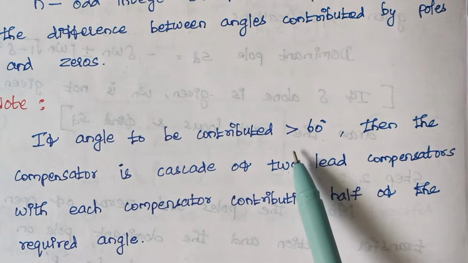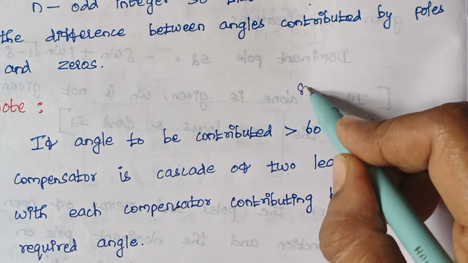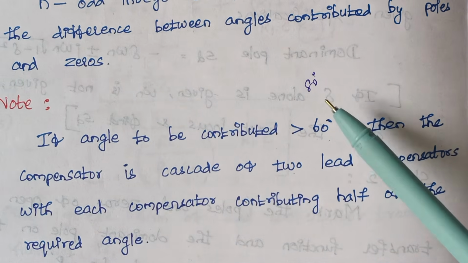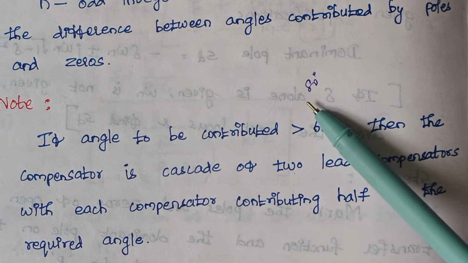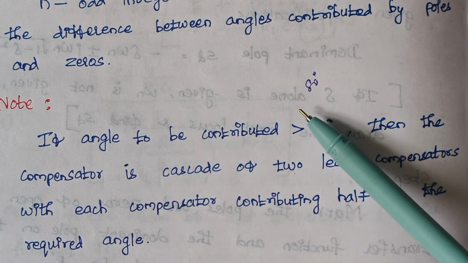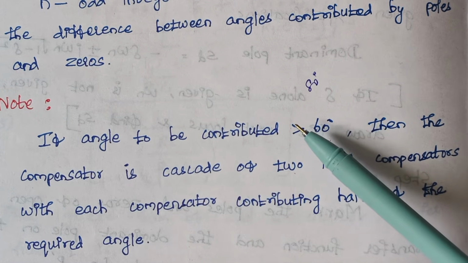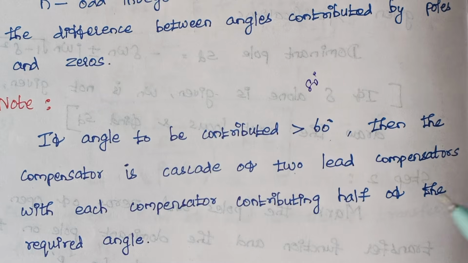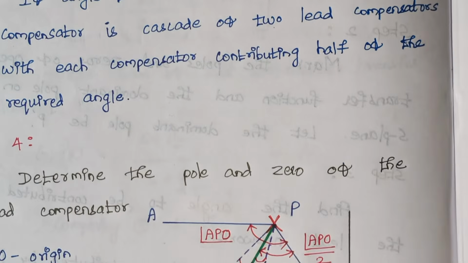For example, if you have 80 degrees, it should be compensated by two compensators, so each compensator will contribute an angle of 40 degrees.